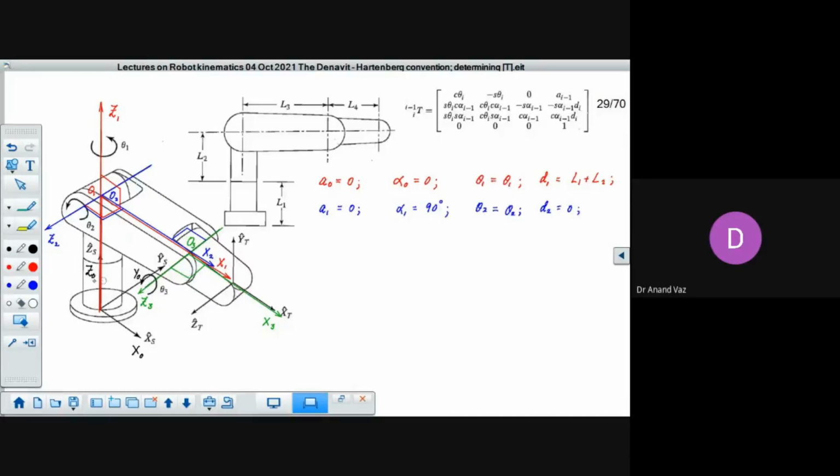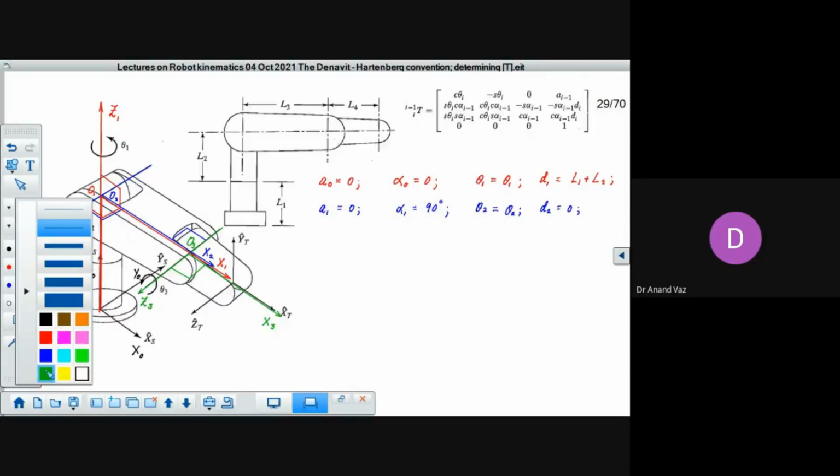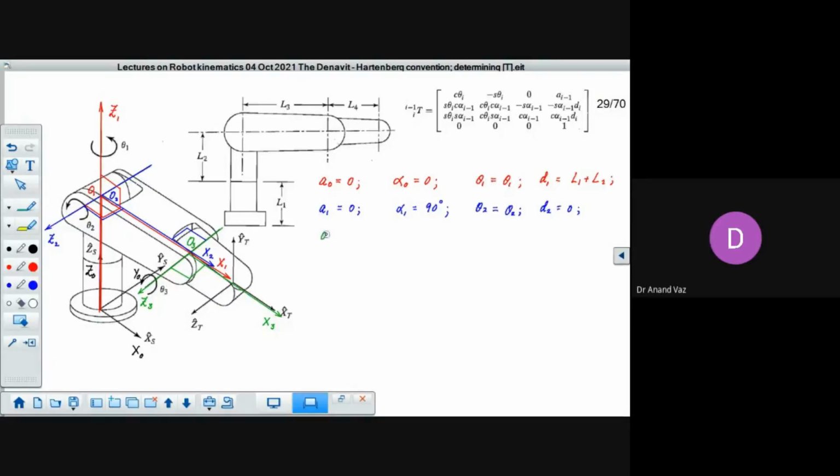Then we have the next one in green color. So we'll show this in green color. We have a2, alpha 2, theta 3, and d3.